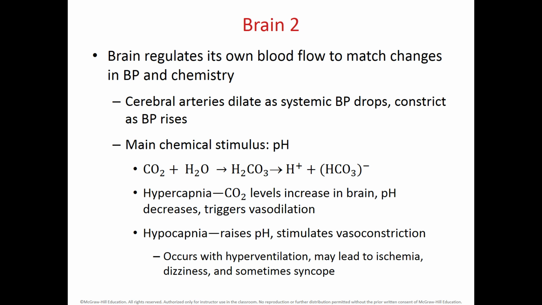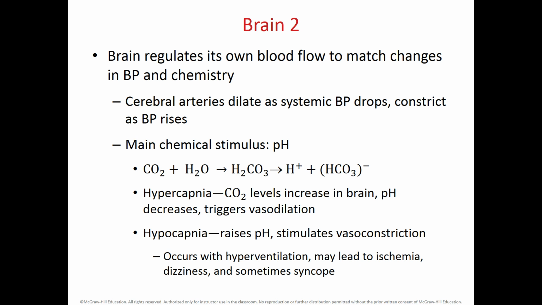You will constrict your cerebral arteries so you don't receive as much blood. Things that stimulate changes in the diameter of the blood vessels in the brain include changes in the pH. So when you have increased CO2 levels, you increase the concentration of hydrogen ions. This will cause vasodilation.